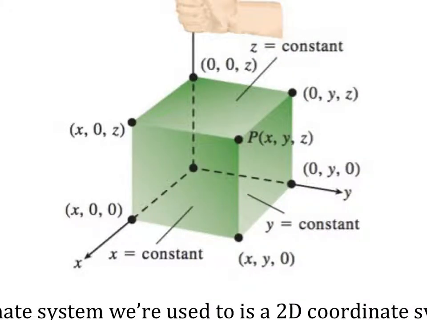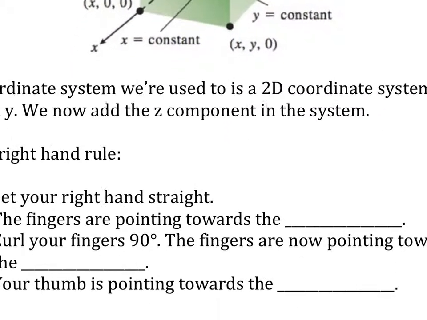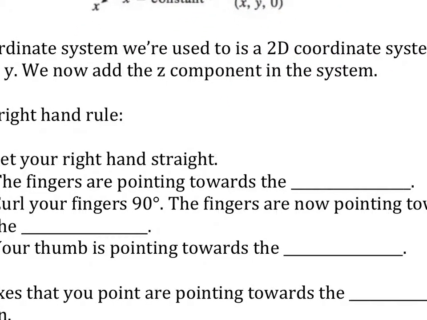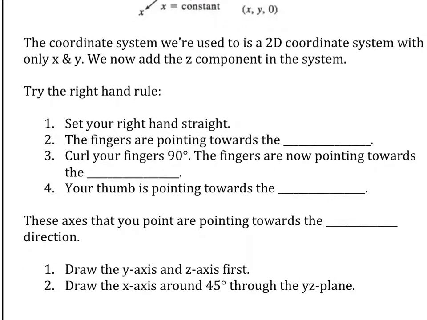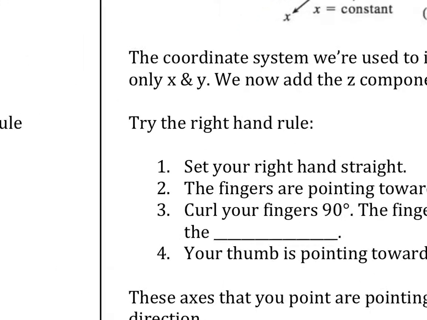Anyways, come back. All right, so right hand rule. This is how you draw it. The x-axis goes out, the y-axis curls in, and the z-axis is like that. Okay, x-axis, y-axis, z-axis. Now that's the positive axis. So let's write this down in case you forget.